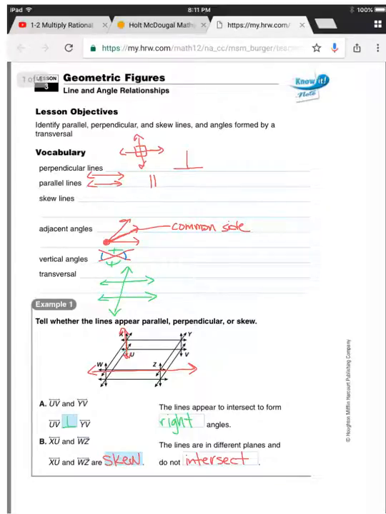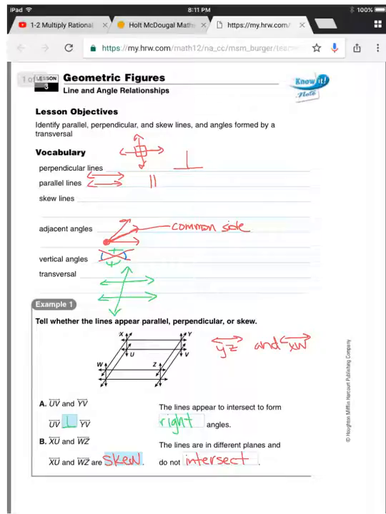Okay, now we could look at one more. Let's look at line YZ and line XW.